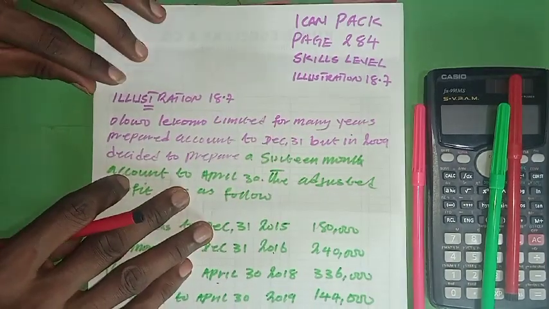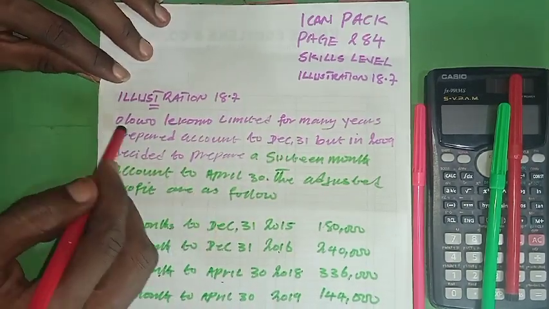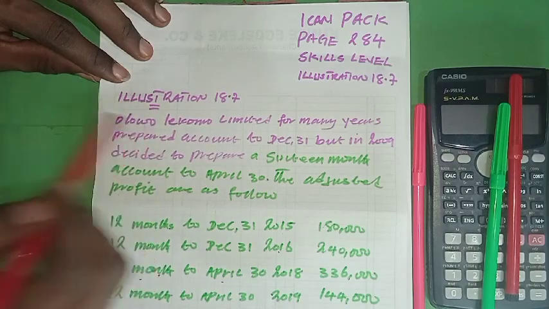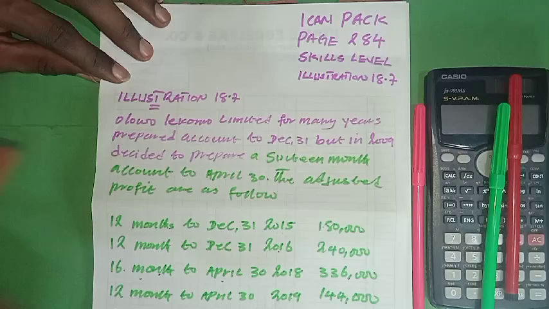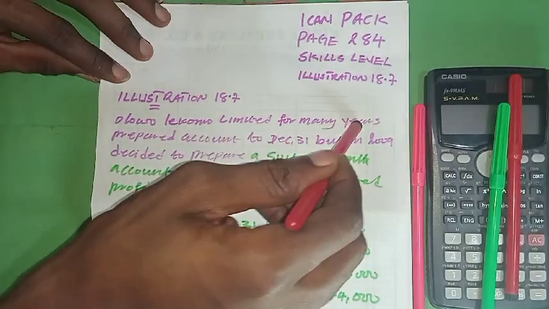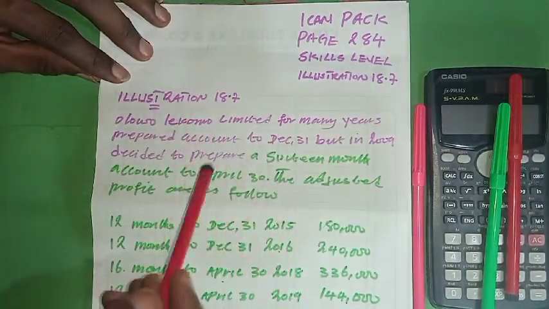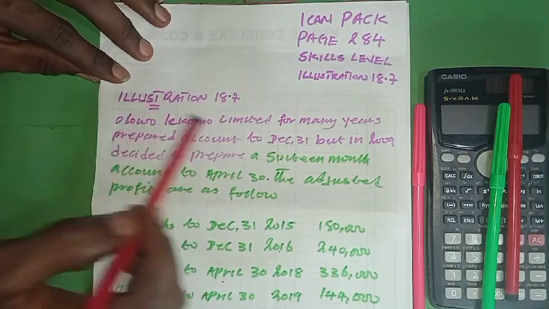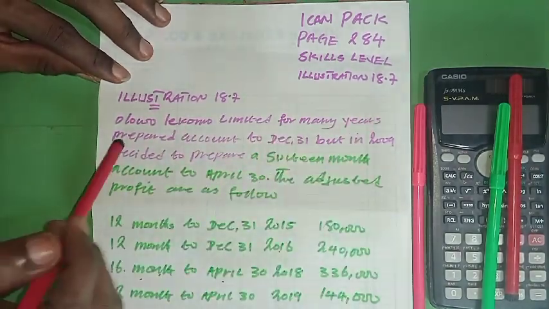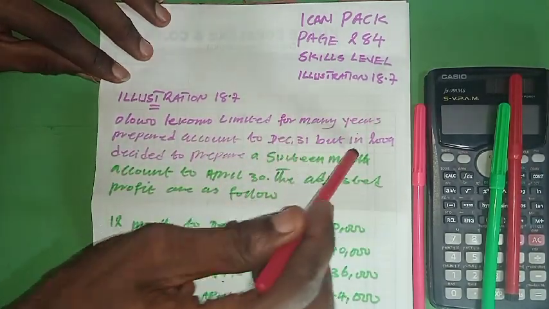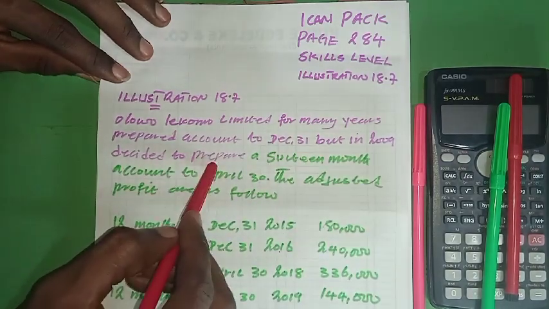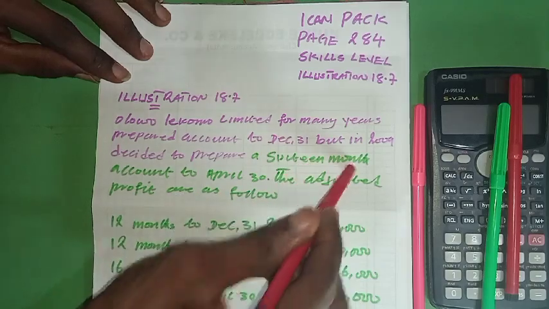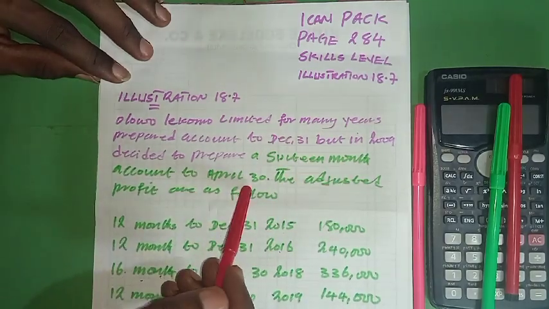Illustration: Olowo Lekemo Limited. For many years, it prepared accounts to 31st December, but in 2009 decided to prepare a 16-month account to April 30th.